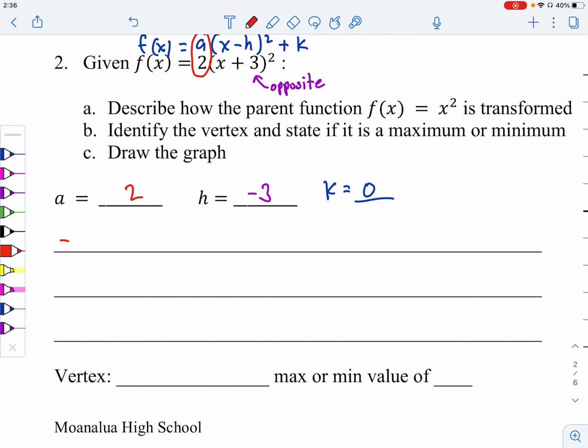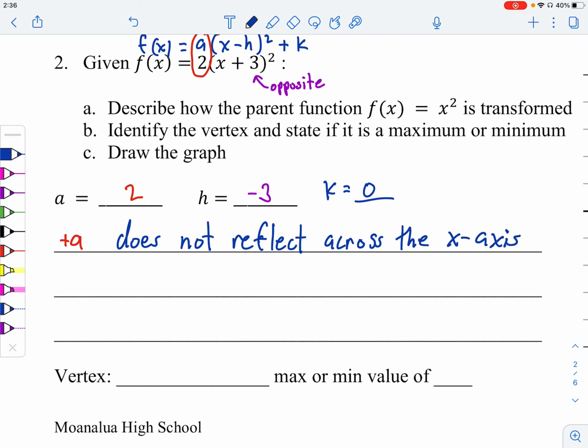We have a positive a again, positive 2, so it does not reflect across the x-axis.